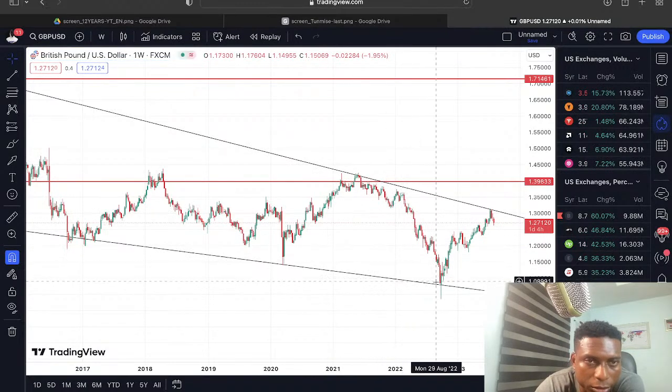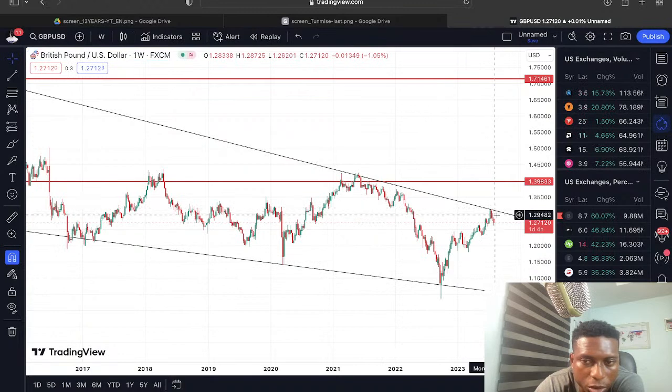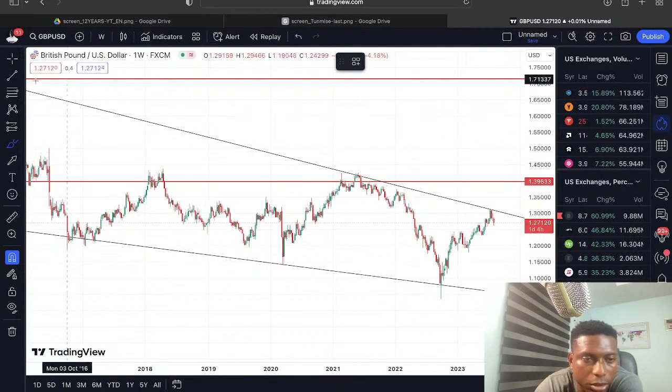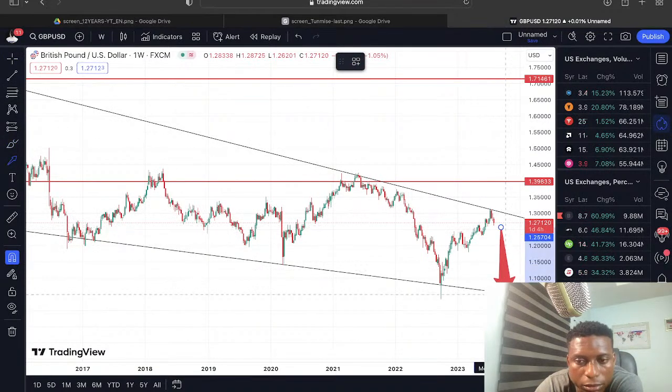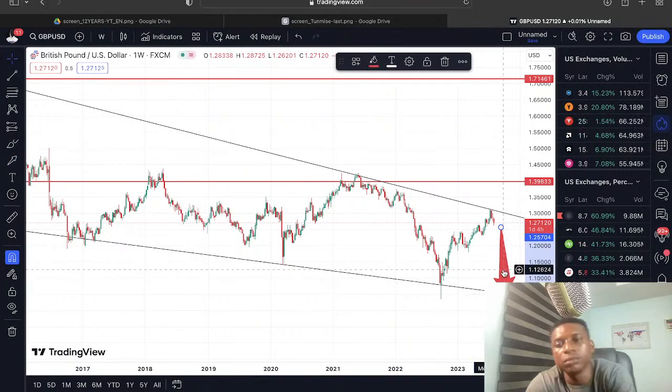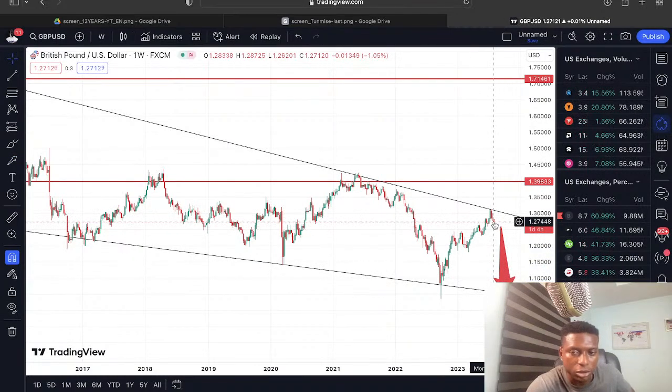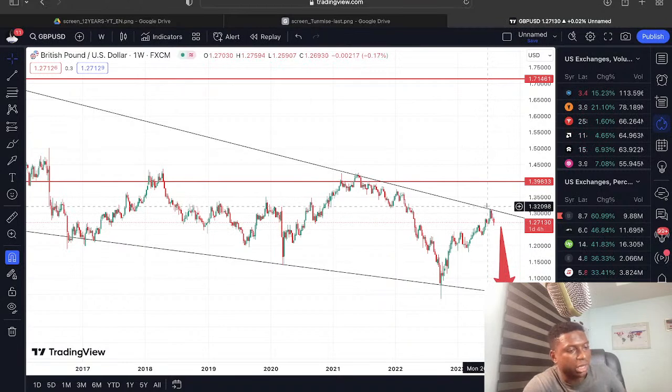It came down, went up here, touched the edge of this trend line, and what do we expect it to do next? We expect it to come down, since it has touched the edge of this trend line.